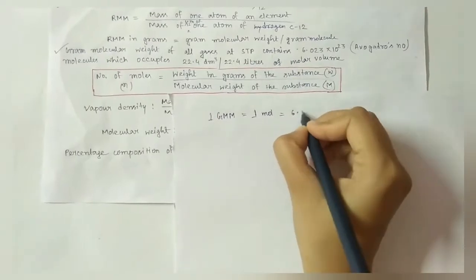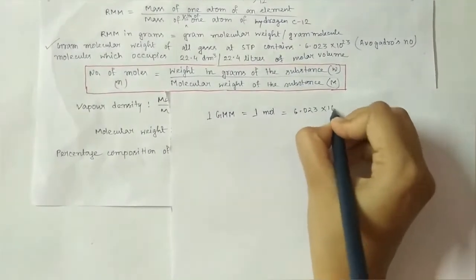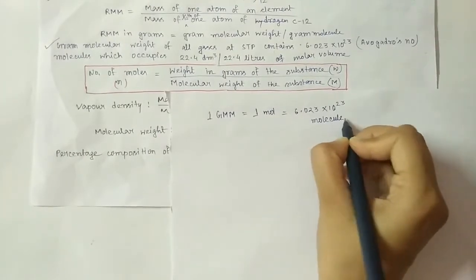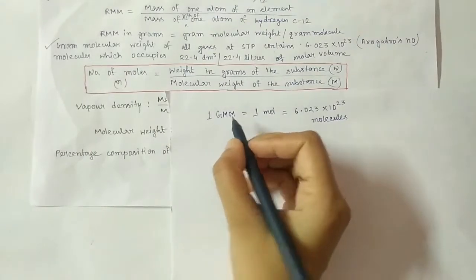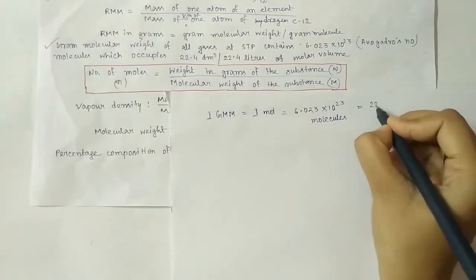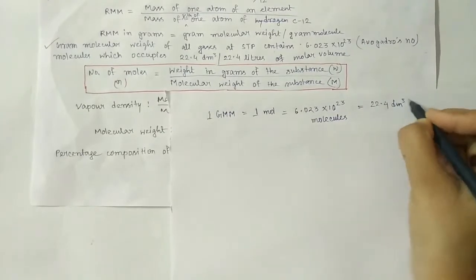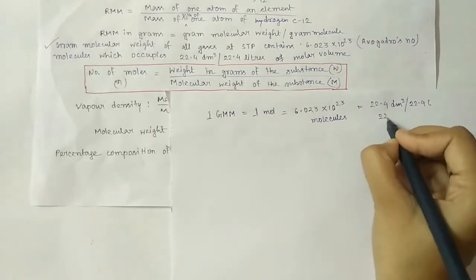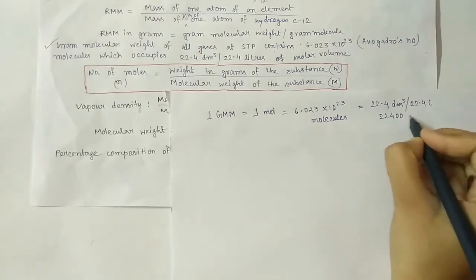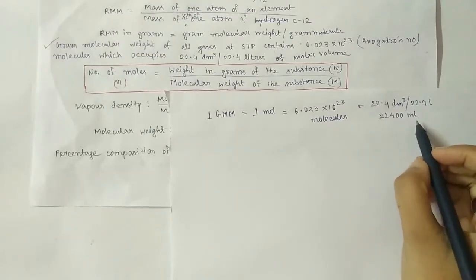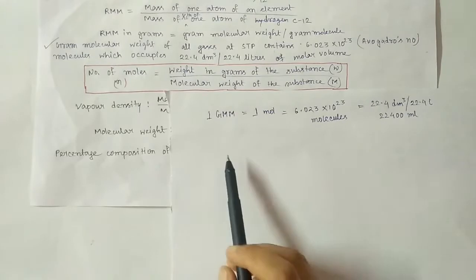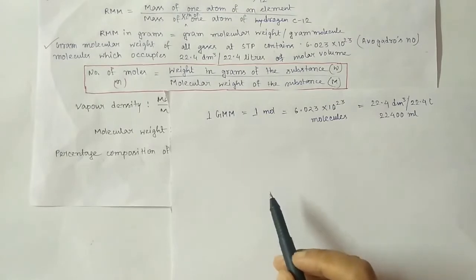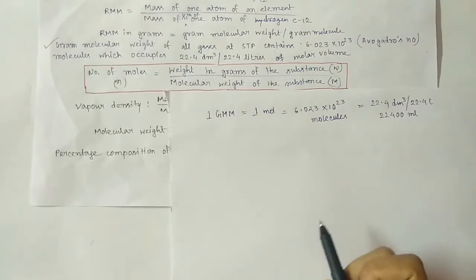It will be 6.023 into 10 to the power 23 molecules, as we are considering gram molecular mass here, and it has 22.4 dm cube or 22.4 liters, or you can say 22,400 milliliter of molar volume. Molar volume is the volume this substance occupies at standard temperature and pressure. So I hope you understand.